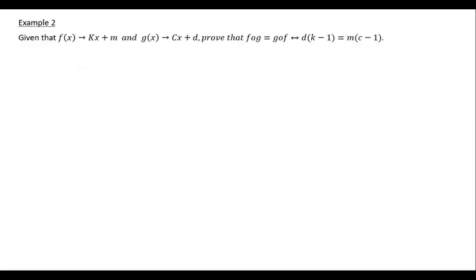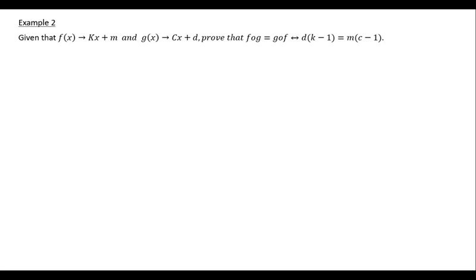So we have example number 2. Given that the function f of x is equal to kx plus m, and g of x is cx plus d, prove that f of g is equal to g of f. The result we are to get if we equate these two is d outside bracket k minus 1 equal to m outside bracket c minus 1.